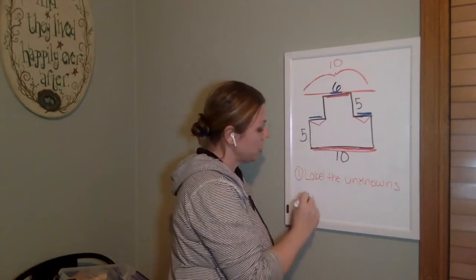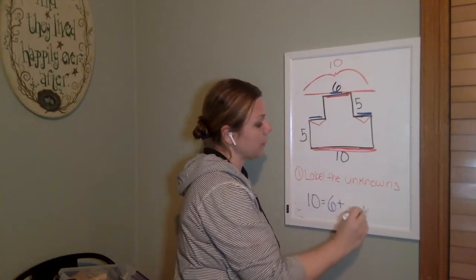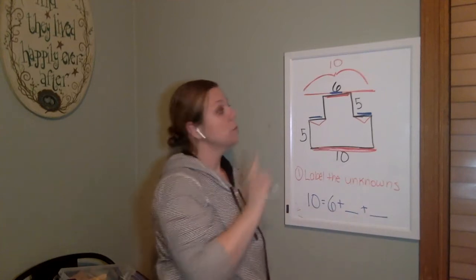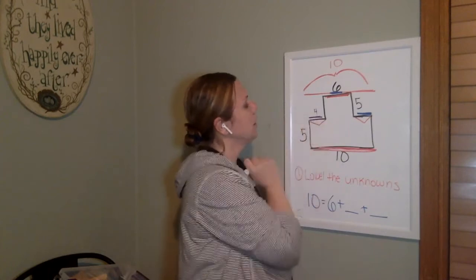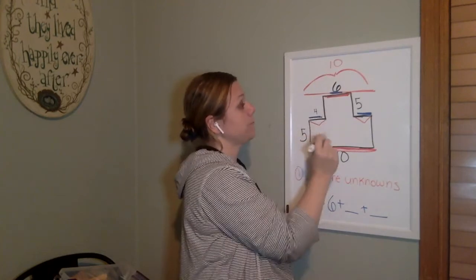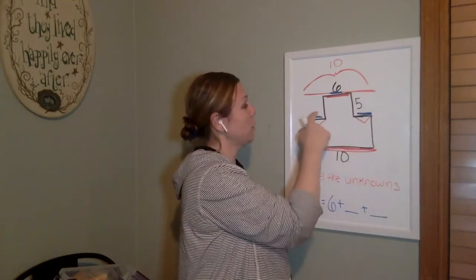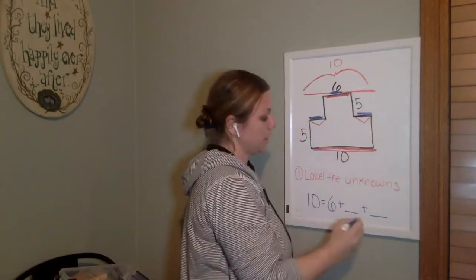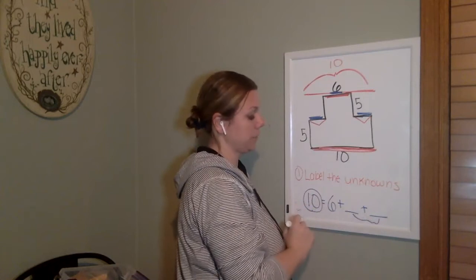So if I know that my total must equal 10, 6 plus something, and I know that they have to be equal. So for example, if I thought to myself, well, I could put 4 here. 6 plus 4 equals 10, but I didn't take into account this guy over here, right? So it can't be 4. What can I do for two numbers that would fit in here, so that my whole thing would equal 10?